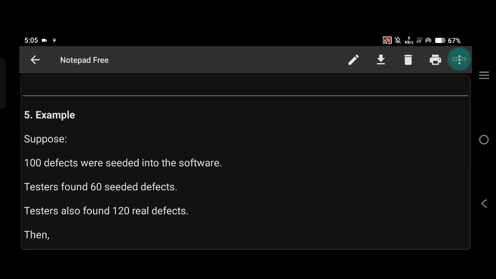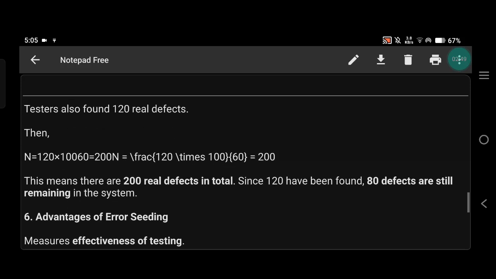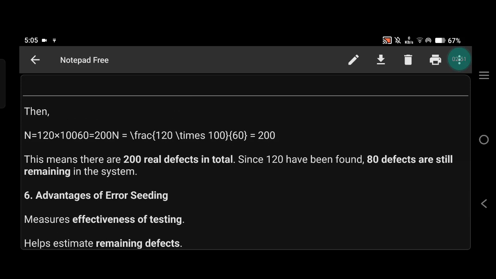Then we can see an example. Suppose 100 seeded defects are added into the system. Testers found 60 seeded defects and also found 120 real defects. Now apply the formula.